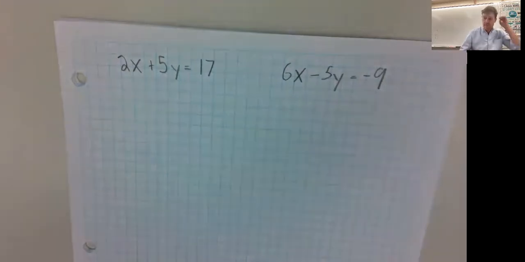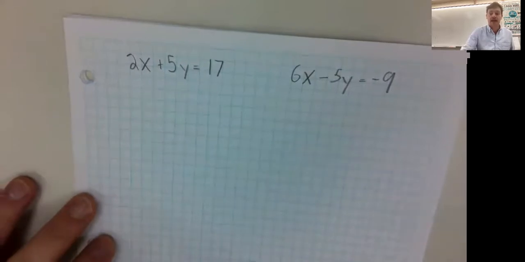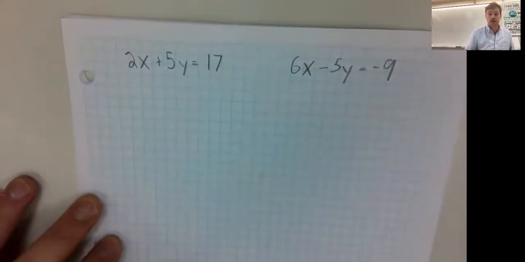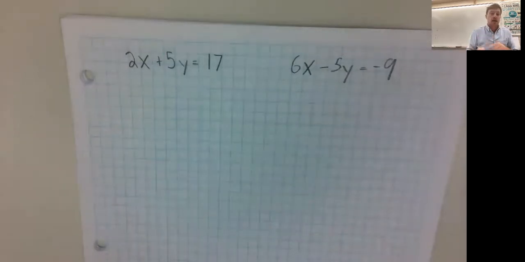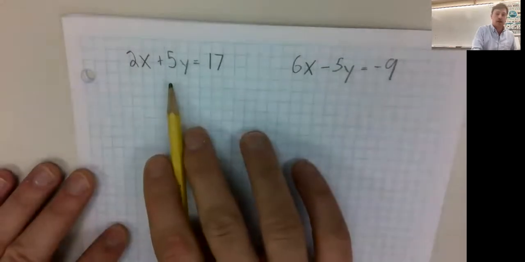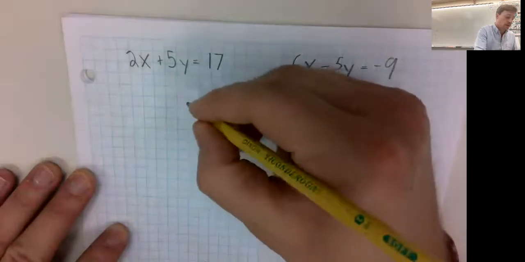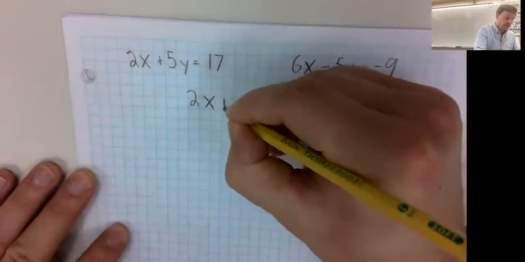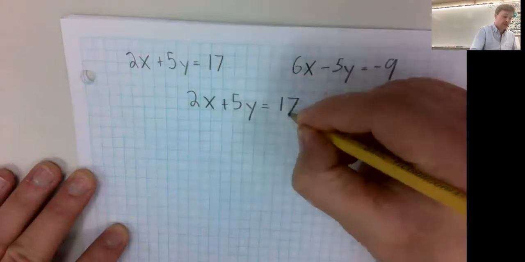My first step when I am doing elimination is to stack these equations on top of each other, making sure that my variables line up. Right now, since we're just starting out, they're going to line up pretty easily. Let's start with this one. It doesn't matter which one you start with. 2x plus 5y equals 17.